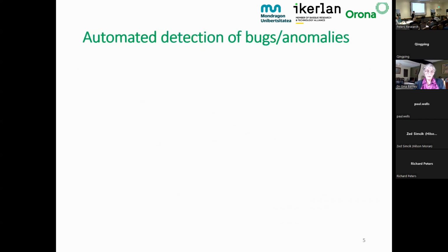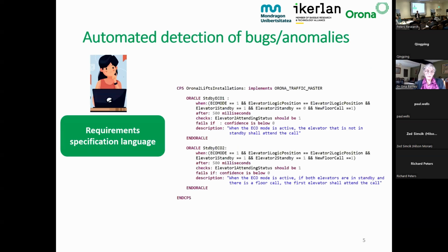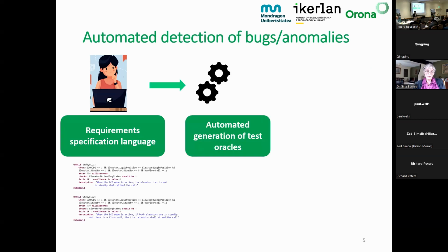For the automatic detection of bugs, we developed a requirement specification language through a domain-specific language, in which we modeled each requirement with an easy interface, as we can see here. With this, we automatically generate what we call oracles.